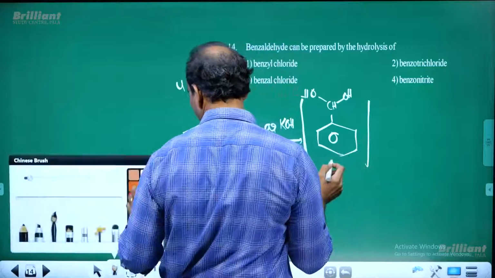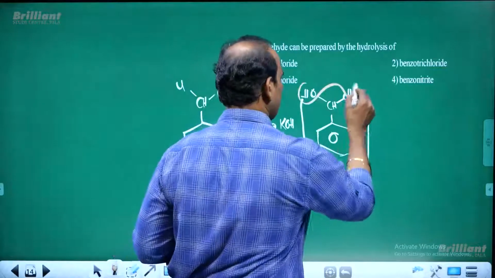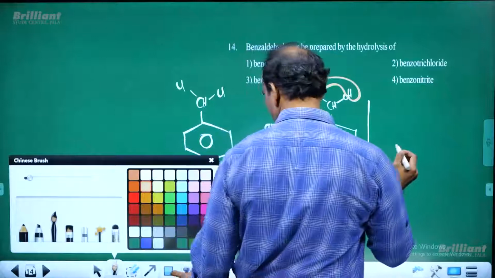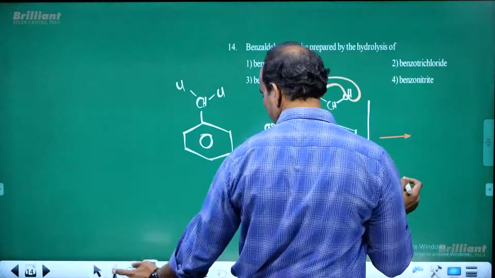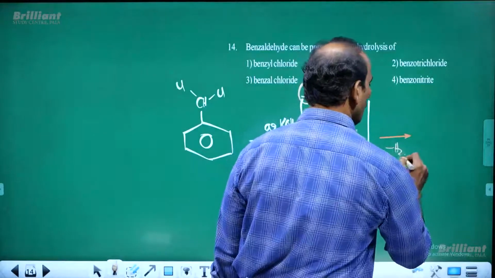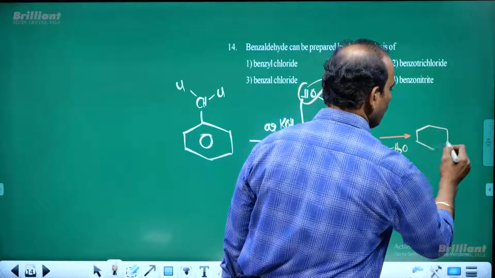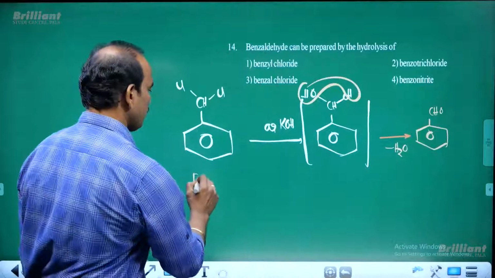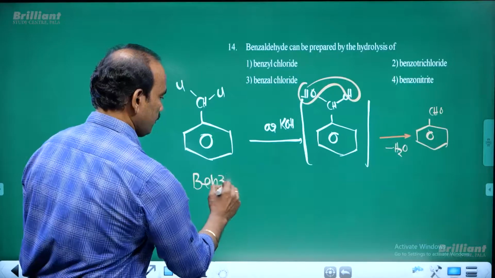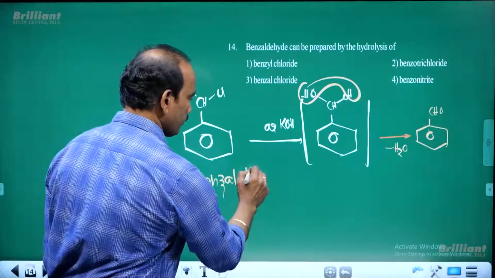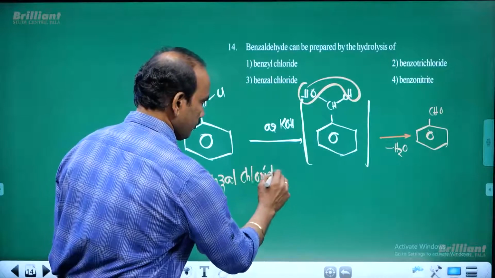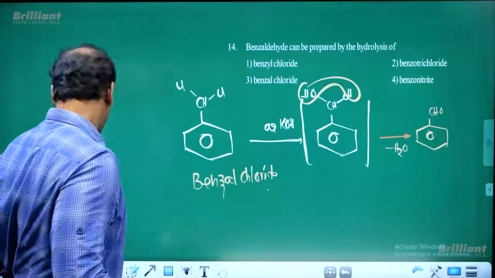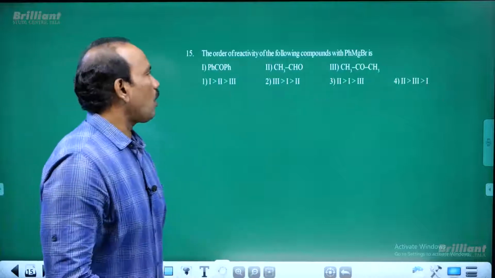From this, water is removed, minus H2O, and we get benzaldehyde. Clear? This is benzyl chloride.